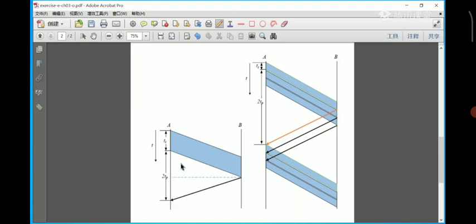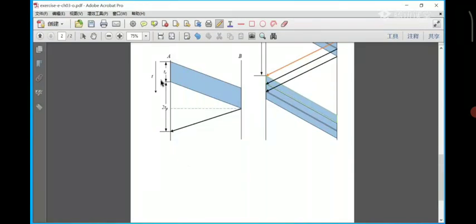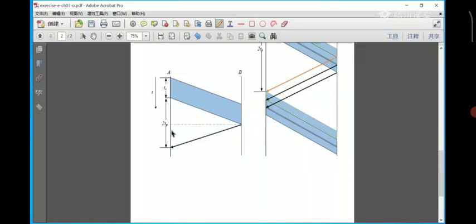So the utilization is TS over TS plus 2 times TP.